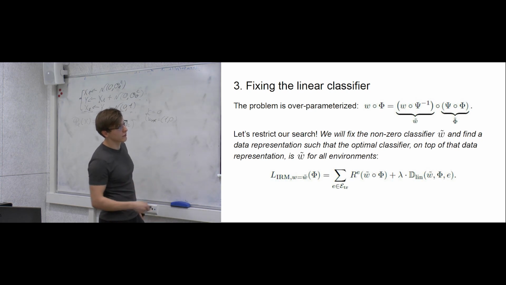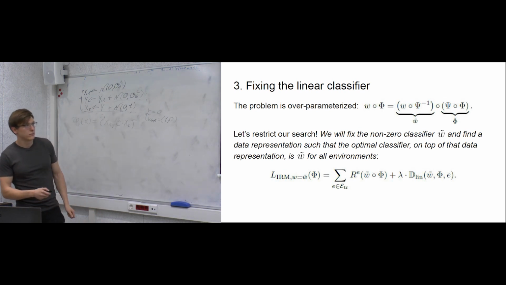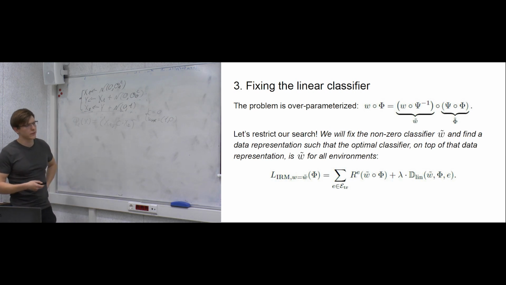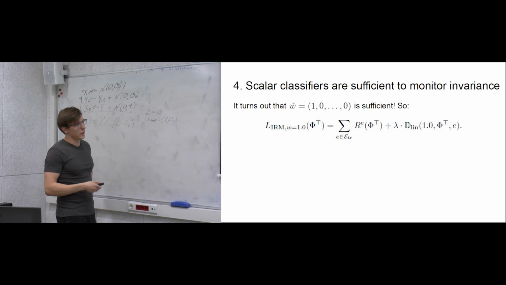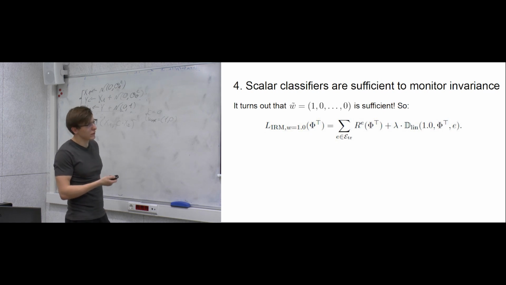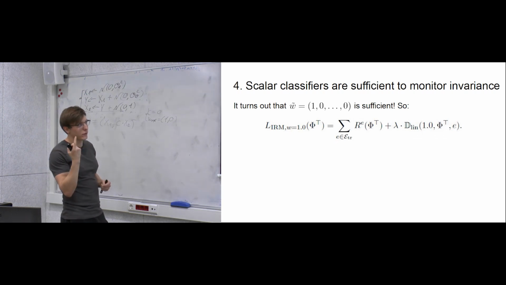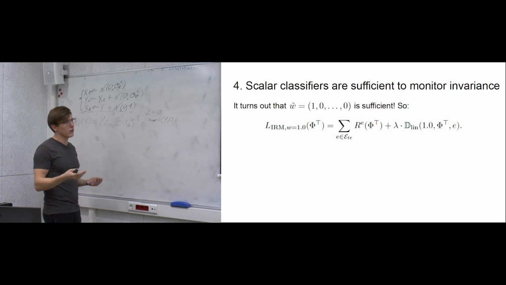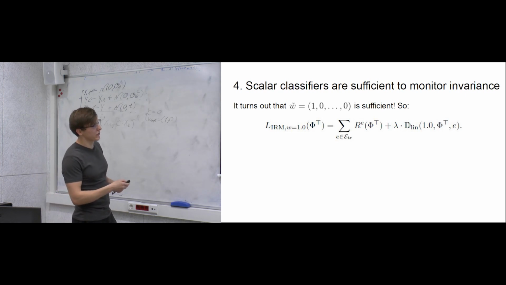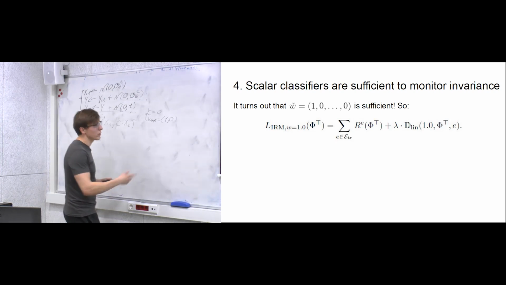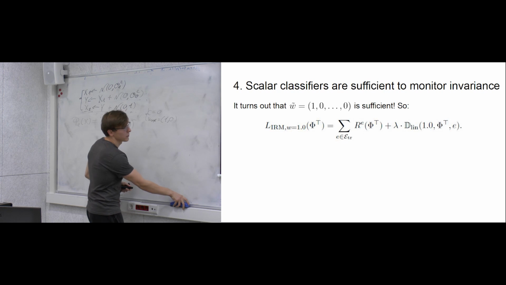It's clear from this equivalence. So it seems reasonable. Now the fourth step. Basically that means that we can just take the first basis vector and use just the first component of our representation, and everything will be all right. So we will receive this optimization problem eventually.